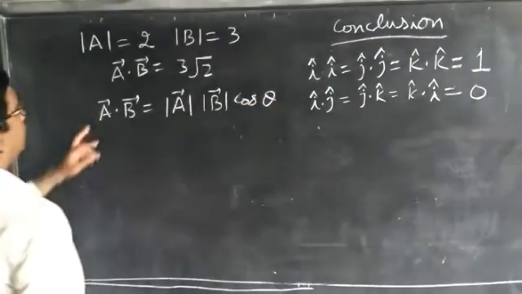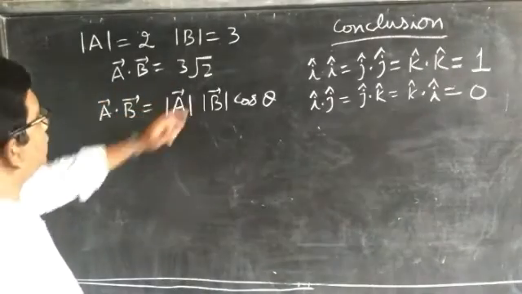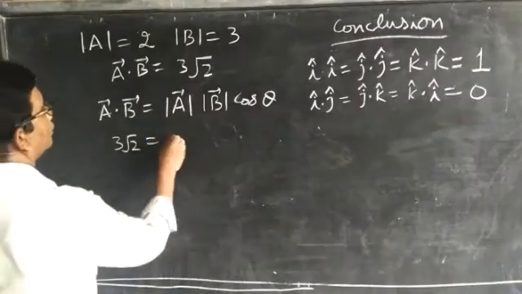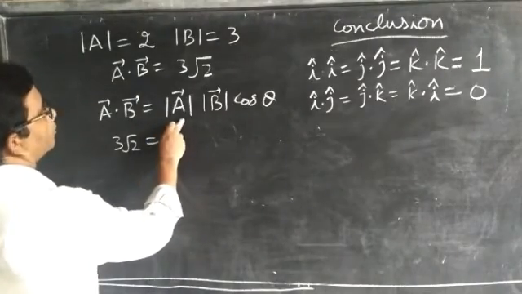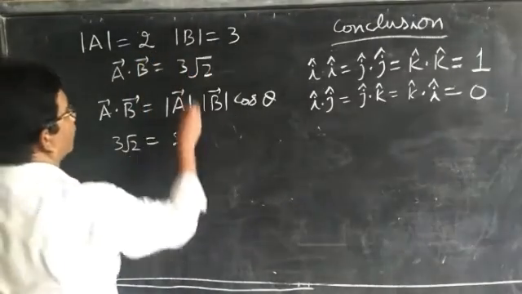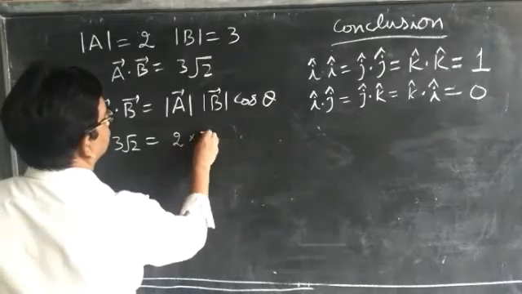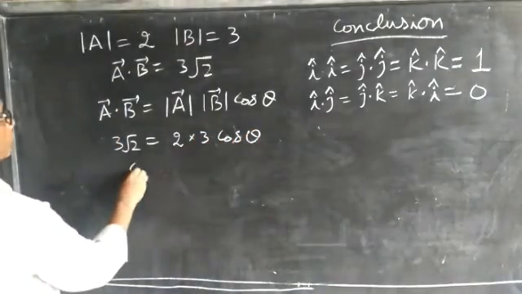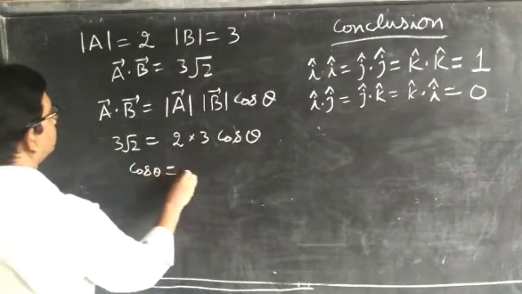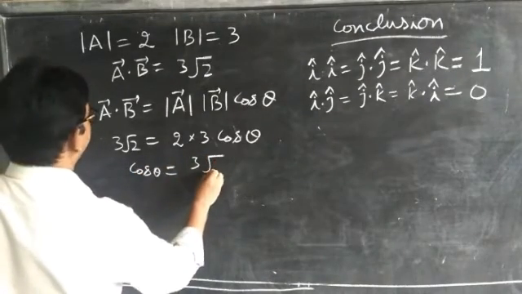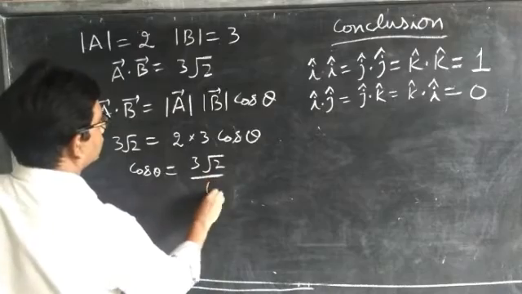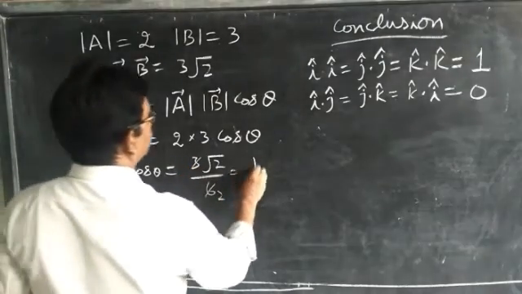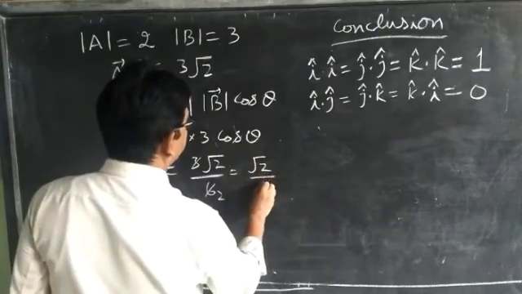Now vector A dot vector B, that is 3 under root 2, is equal to modulus A which is 2, modulus B which is 3, cos theta. Here cos theta is equal to 3 under root 2 upon 6, that is under root 2 upon 2.